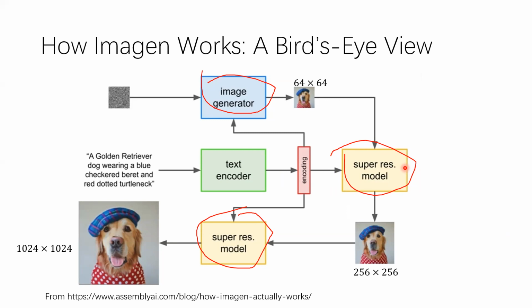It is also a diffusion model. The input and output of this super resolution model are both 256 by 256. The input is actually conditioning tokens like this text encoding. So they just condition on this one and this one. That's the difference.